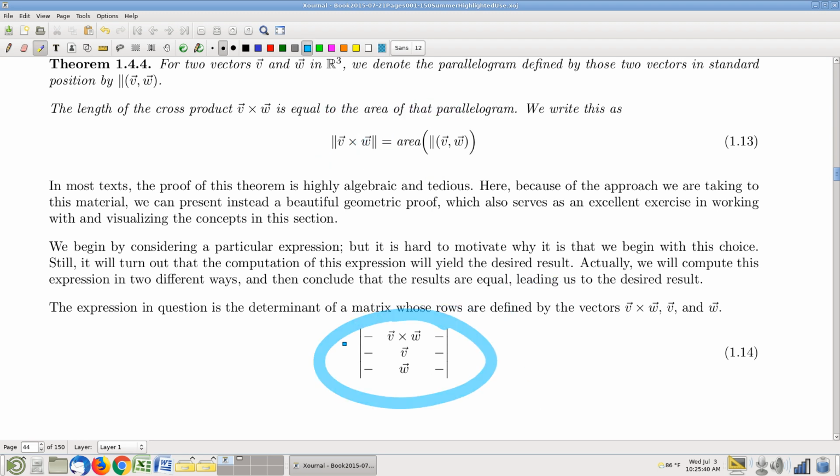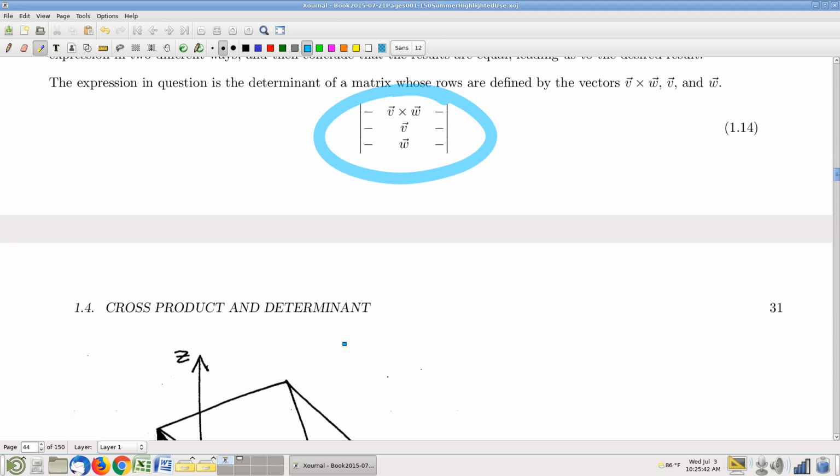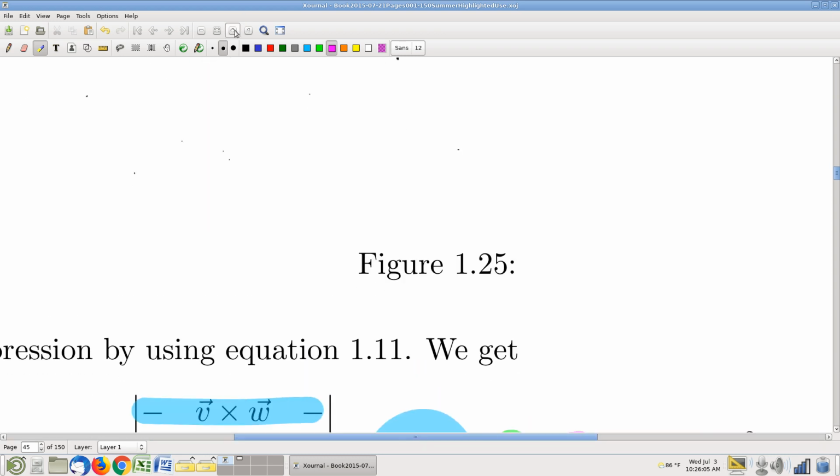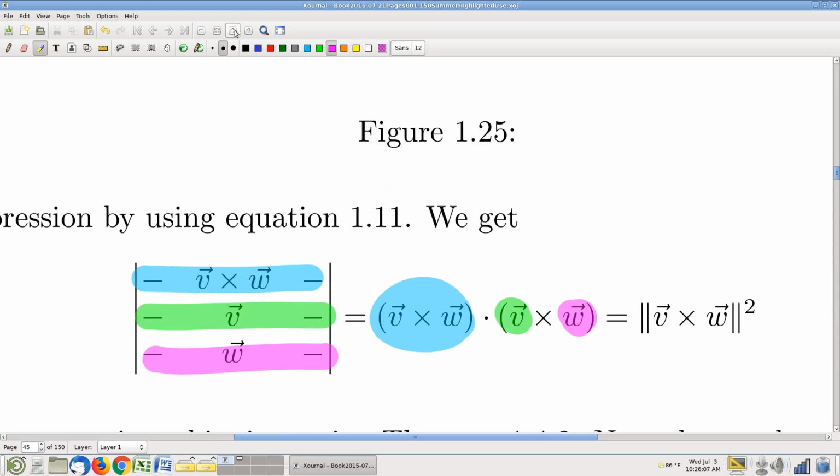What can I say about this determinant? First observation I want to make about that determinant is it is a triple product. First vector dot second vector cross third vector. Right? Does everybody see how I'm just observing? Let me zoom in here. I'm just observing how triple products are determinants.